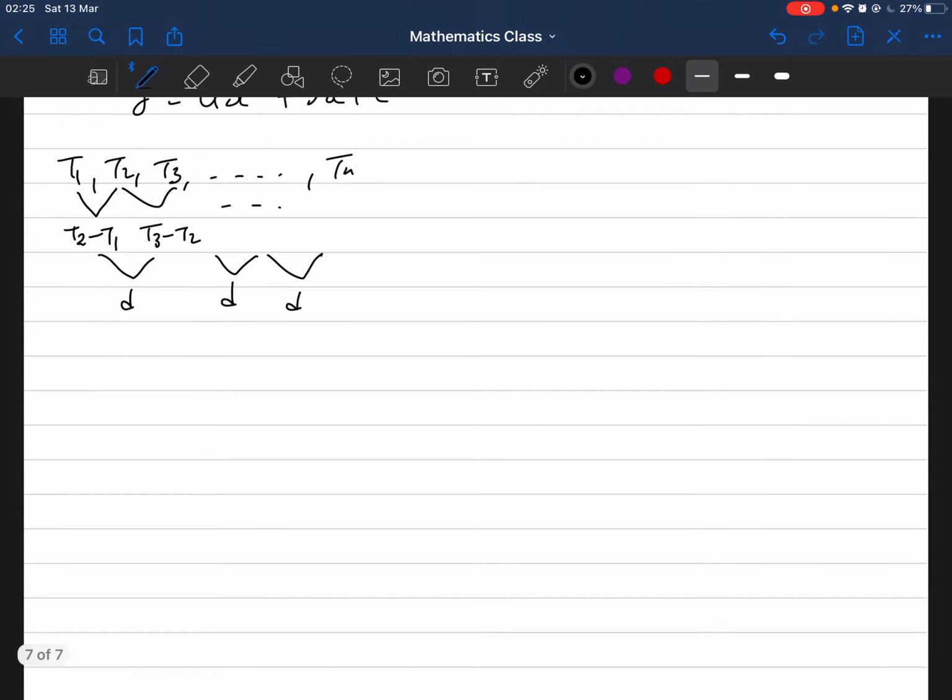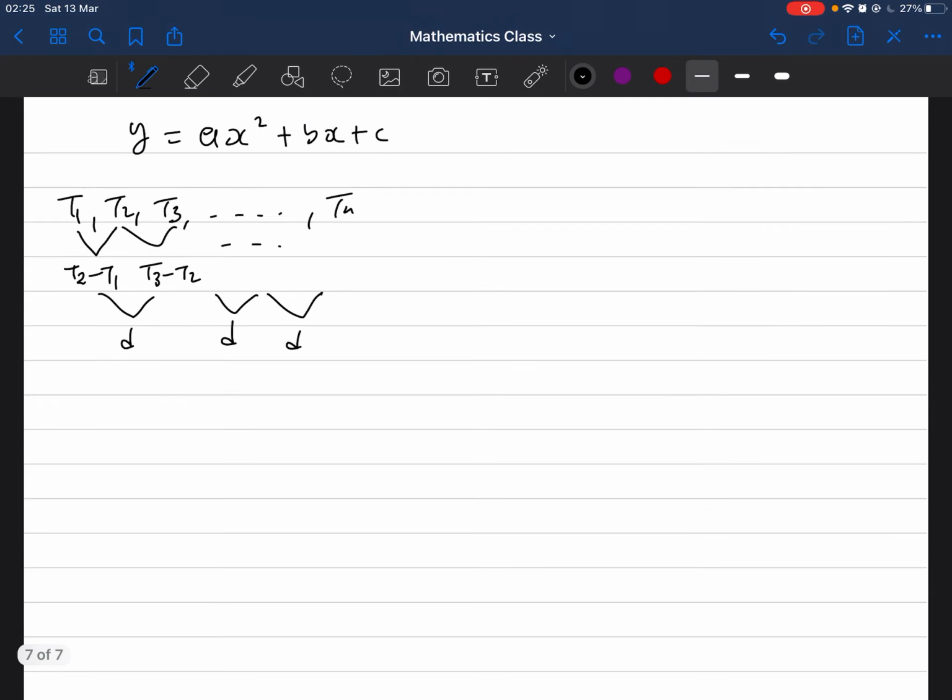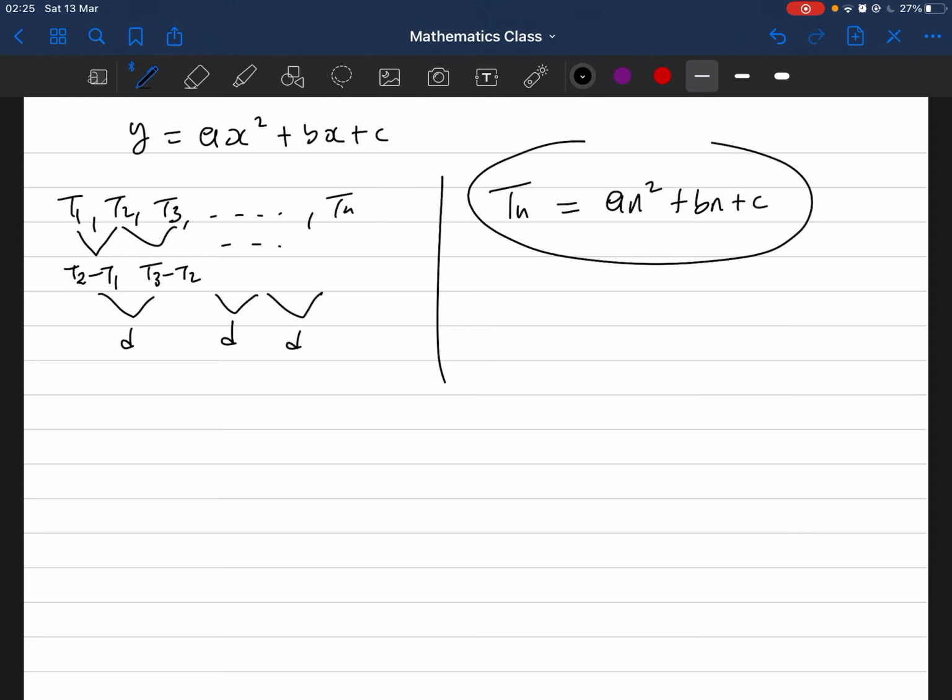The formula for a quadratic sequence is basically Tn is equal to an squared plus bn plus c. It's similar to what you know, but in this context you use Tn instead of y, and n instead of x. These are really dummy variables, so they mean the same thing.